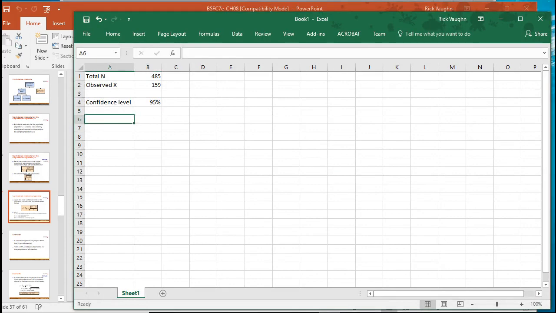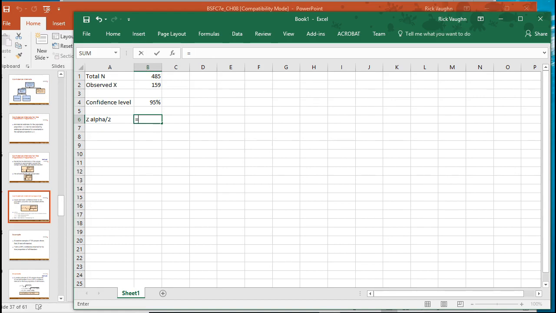So we'll compute this Z alpha divided by 2. To do this, we're going to find the Z value that separates 97.5% on the left from 2.5% on the right. So this is the upper Z cutoff that determines a 2.5% right-hand tail, which means you have 97.5% to the left.